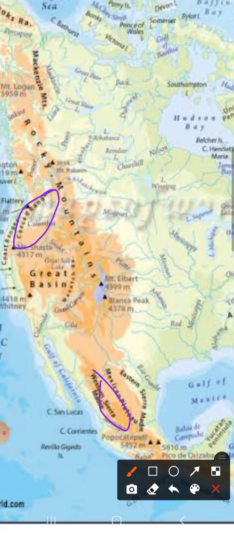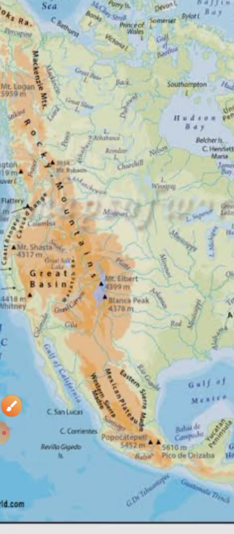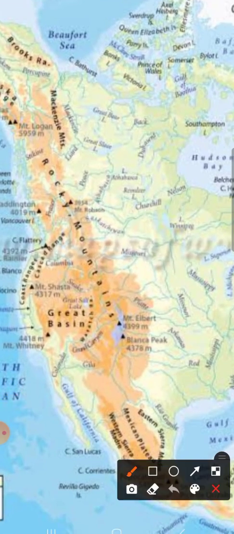The Plateau of Columbia and the Colorado Plateau are the important ones among these plateaus.